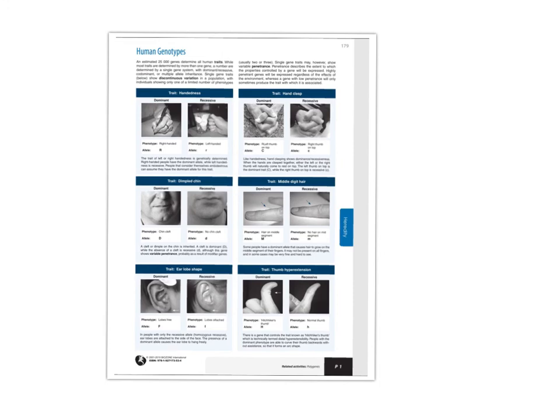So for instance, if you're right-handed, you have capital R, the dominant form of the allele. If you're left-handed, you have the recessive form of that allele. Left thumb on top, etc. And you can go ahead and look at each of these characteristics we all have.